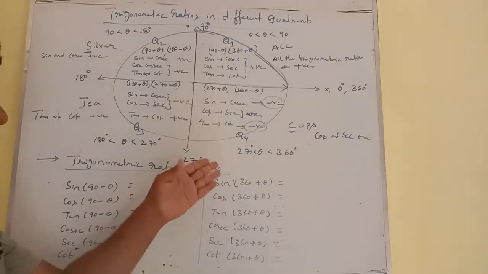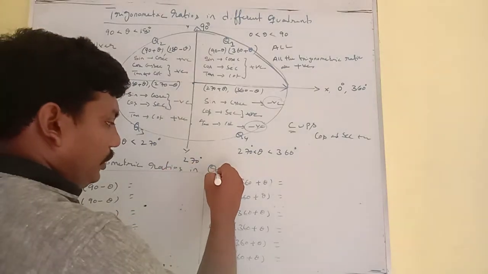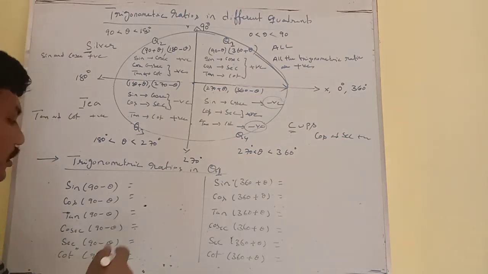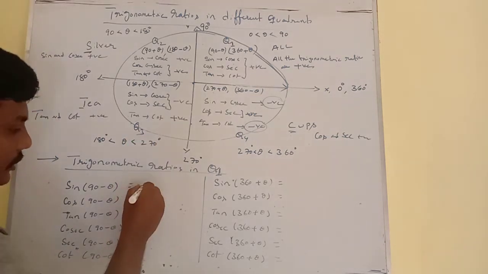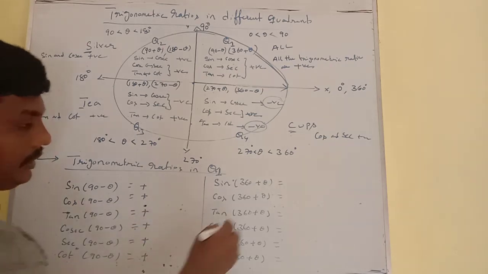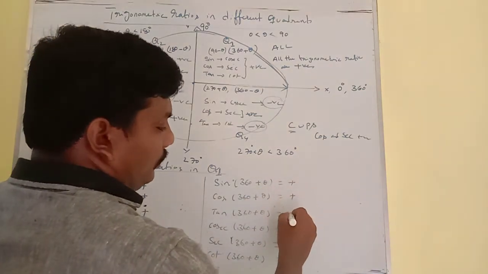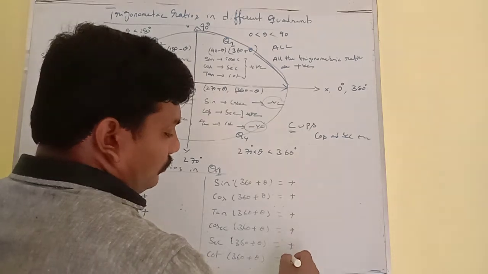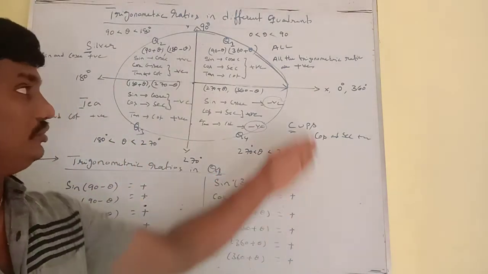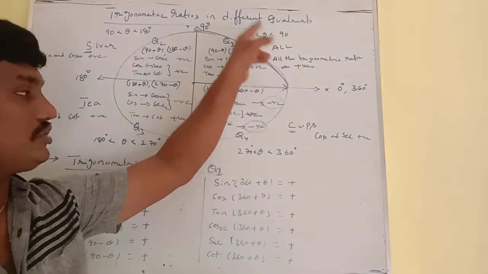So this is in quadrant 1, the first quadrant. In the first quadrant, all the trigonometric ratios give positive answers. All the trigonometric ratios in the first quadrant are positive.